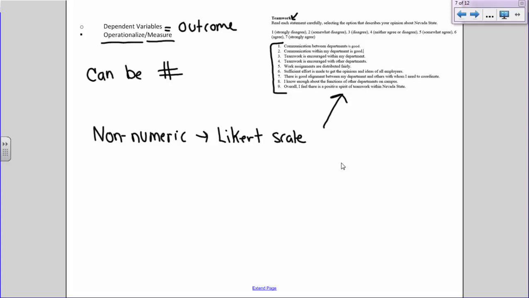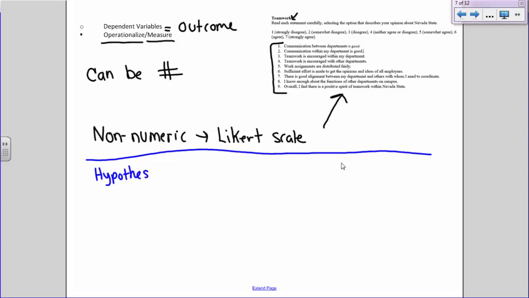All right, so let's think about some example hypotheses and then identify the IV and the DV. So let's see. Hypothesis. From the example earlier, could be people in groups don't work as hard as people work alone, right?